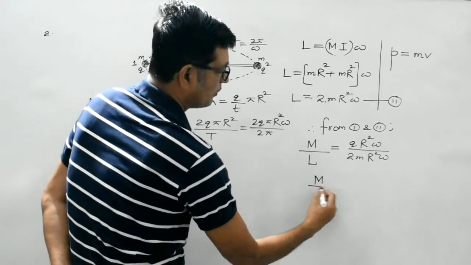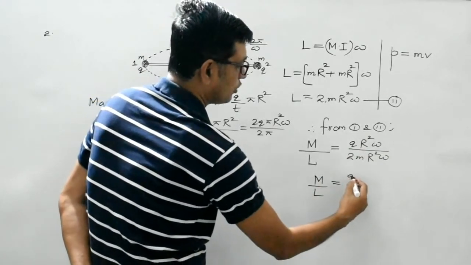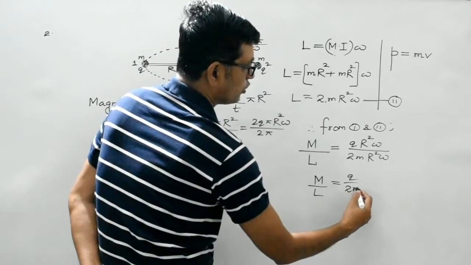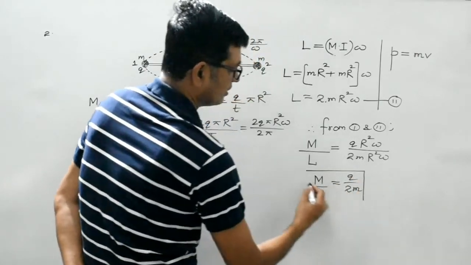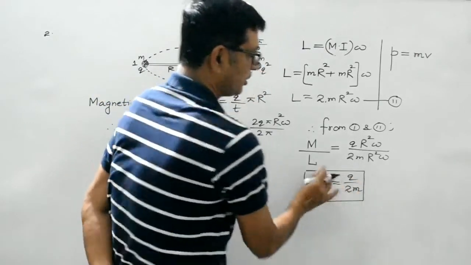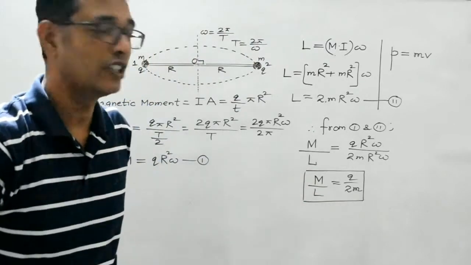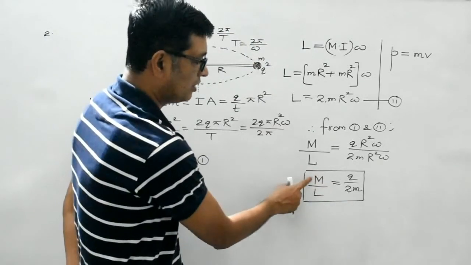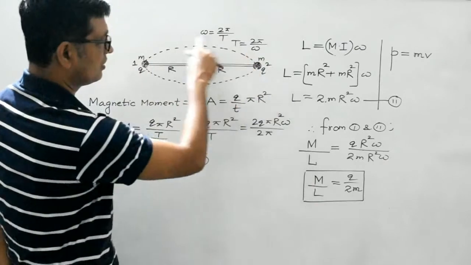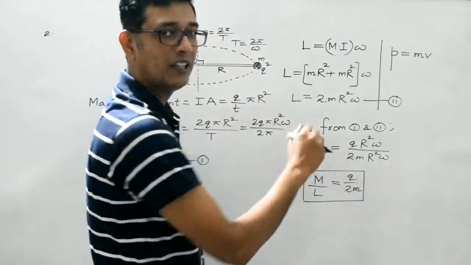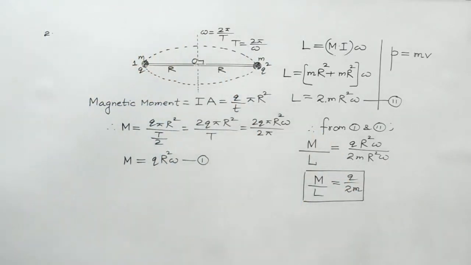So we'll be left with M by L equal to q divided by 2m. So students, this is the answer of the second question. The ratio of the magnetic moment to the angular momentum of this system is q by 2m, right?